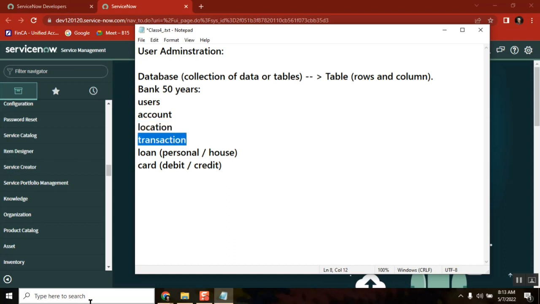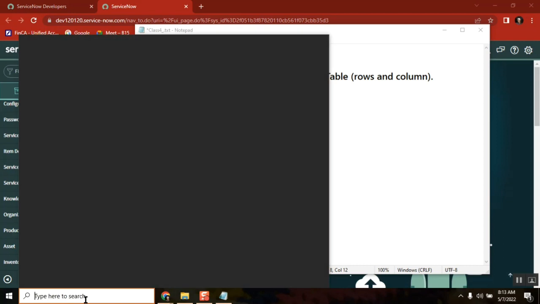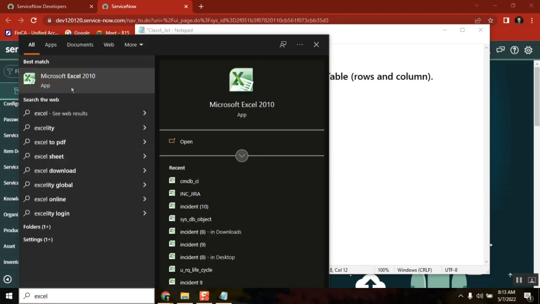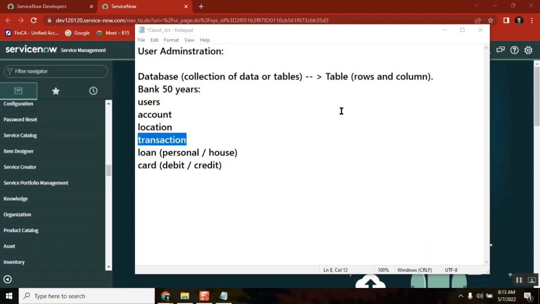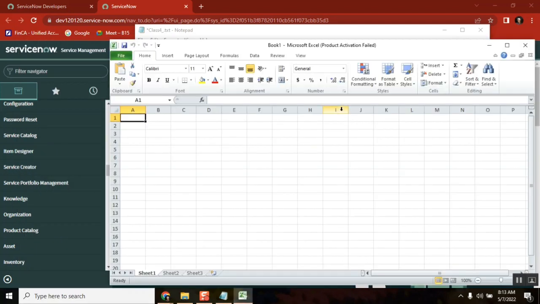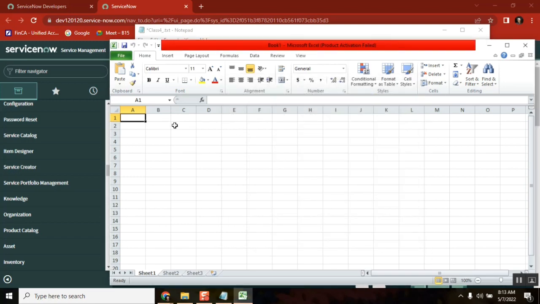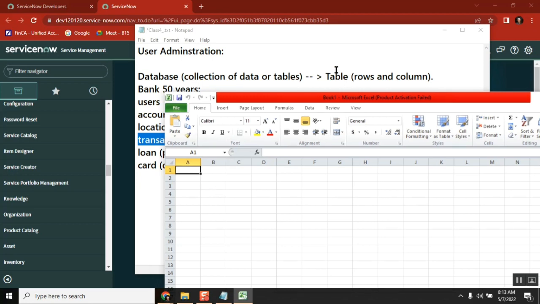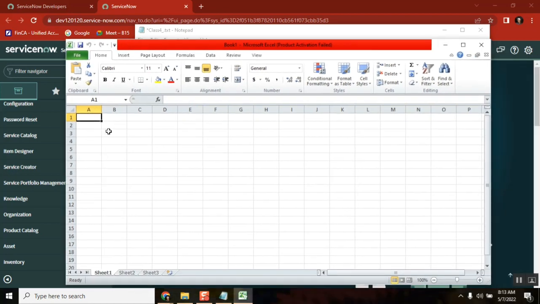So today let's say we are talking about one transaction. Consider that for transactions there is a table. Try to understand this particular sentence, this is very important.